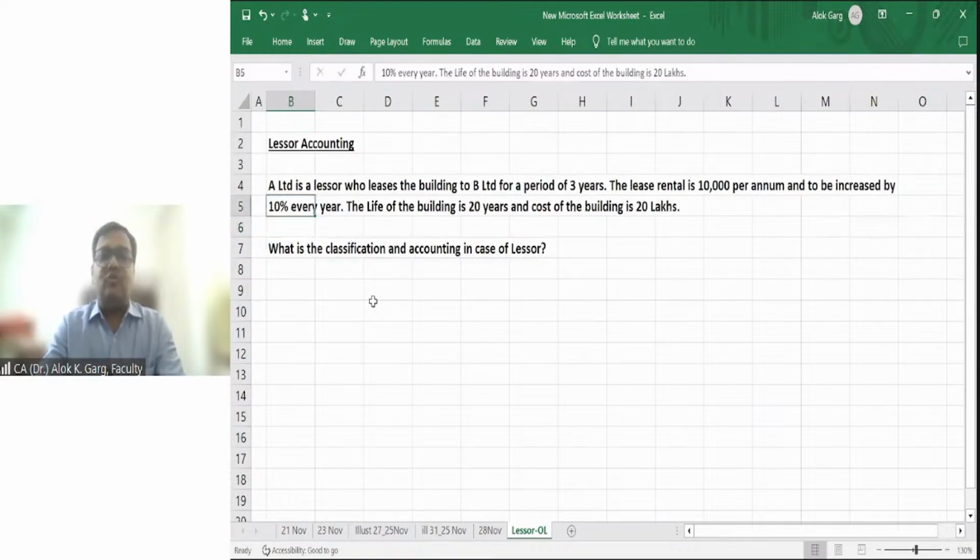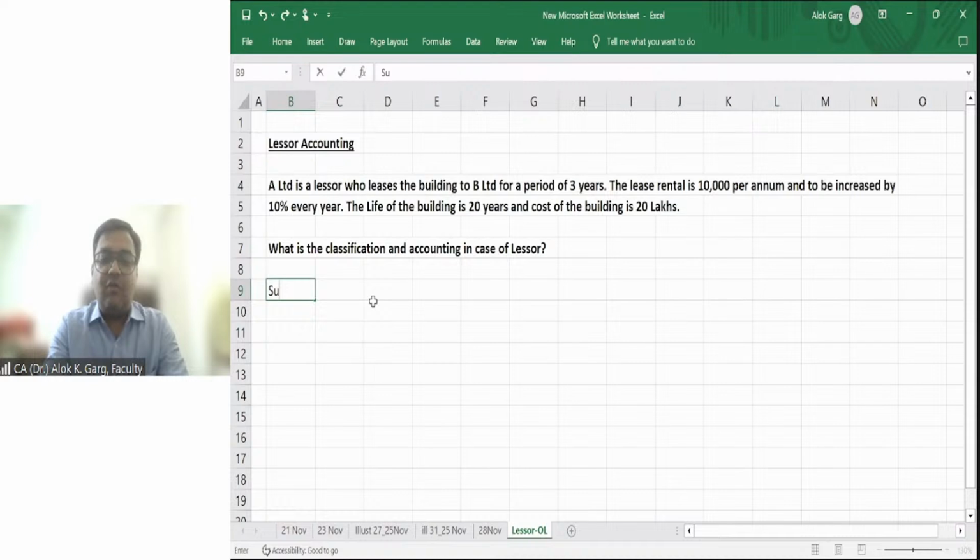A Limited is a lessor who leases the building to B Limited for a period of 3 years. The lease rental is 10,000 rupees per annum and to be increased by 10% every year. The life of the building is 20 years and the cost of the building is 20 lakhs. What is the classification and accounting in case of a lessor?